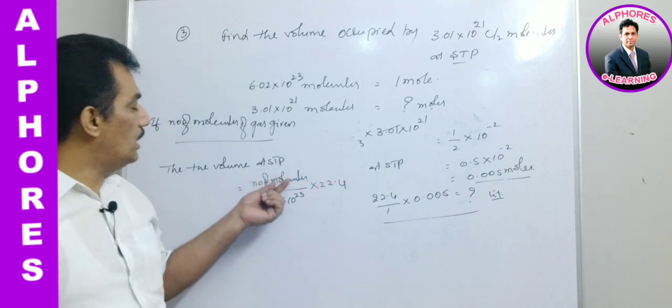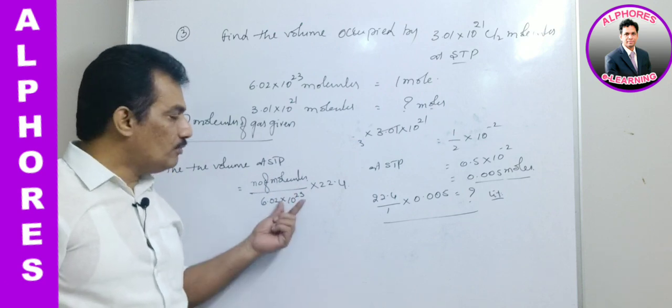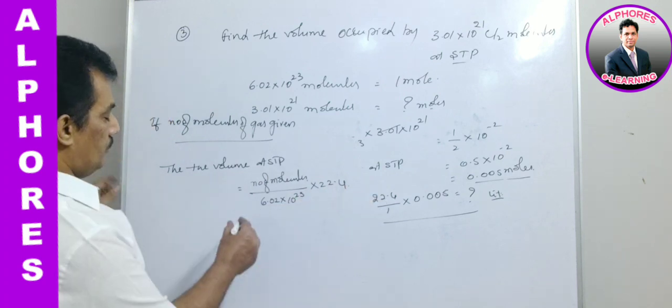Simply it is nothing but number of molecules by Avogadro number is nothing but number of moles into gram molar volume. Clear?